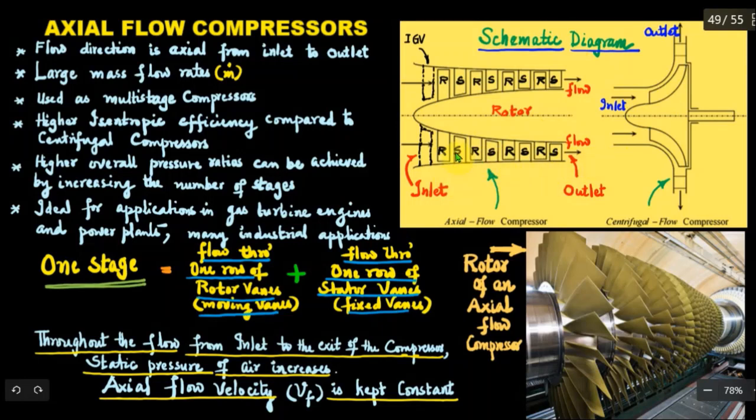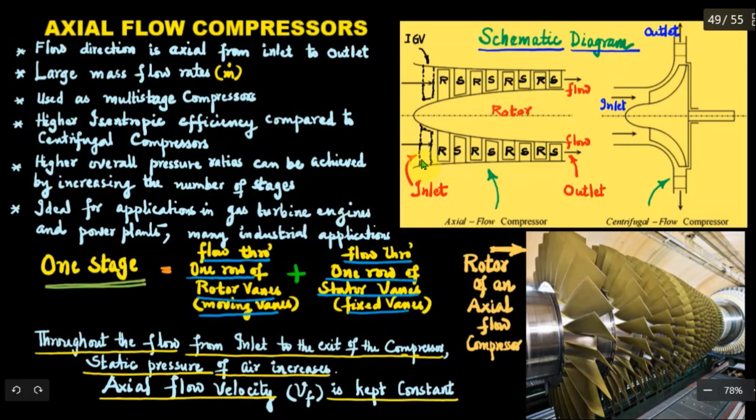If you consider one row of rotor vanes and one row of stator vanes together, that constitutes one stage of the compressor. So one stage of the compressor means flow through one row of rotor vanes, that is moving vanes, and flow through one row of stator vanes, that is fixed vanes. Together they constitute one stage.